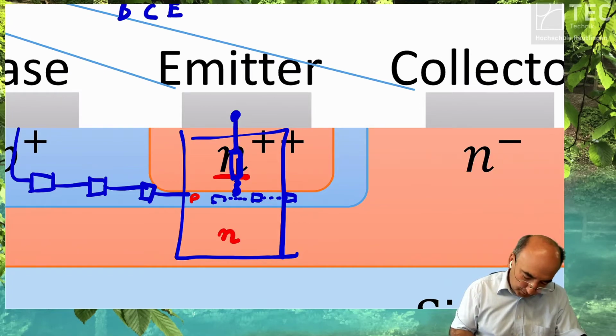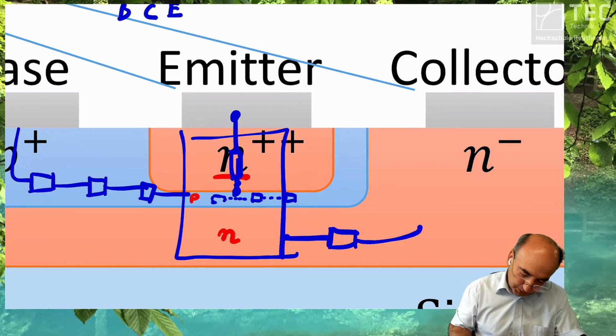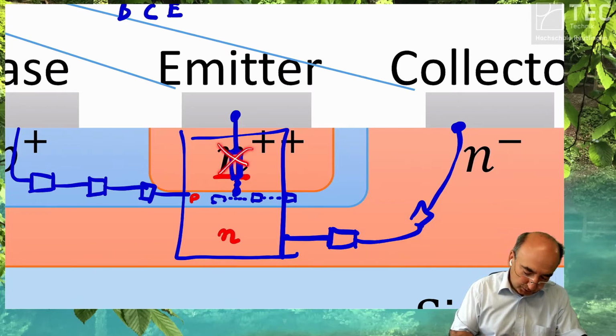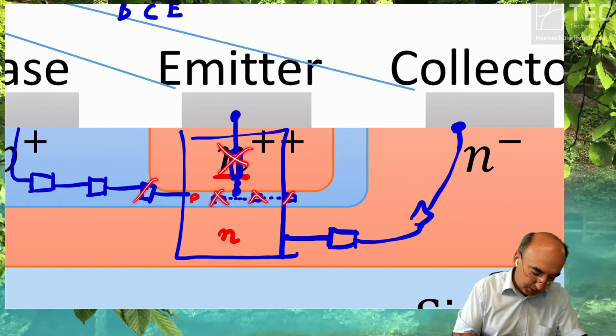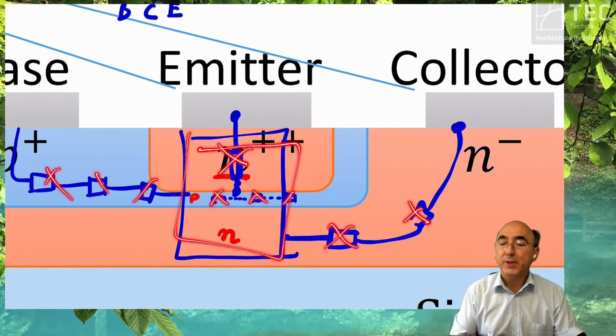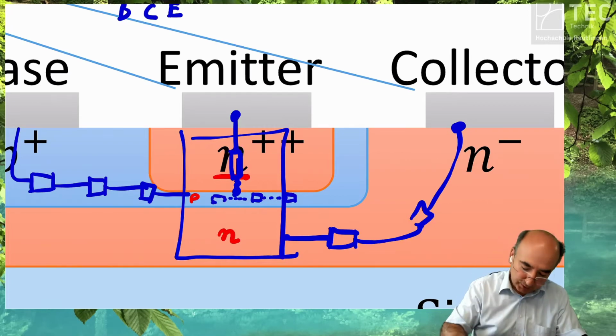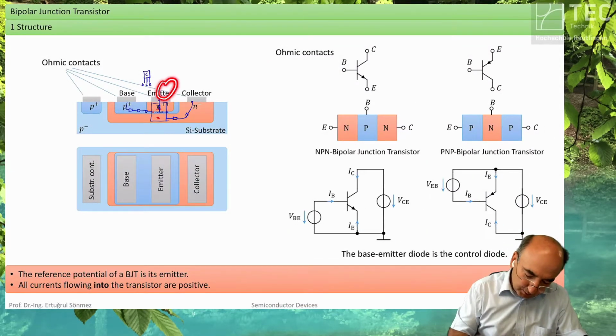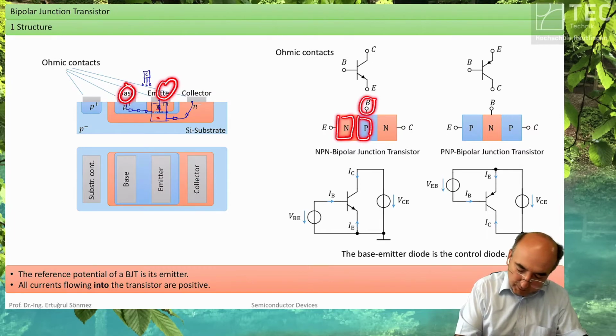And we have also here a resistance to the collector. So we don't take into account all these parasitic resistances and say transistor. And let's talk about this transistor. And therefore, we can say emitter here, N-type, P-type, a symbolic contact to the P-type, and N-type, a symbolic contact to the N-type.